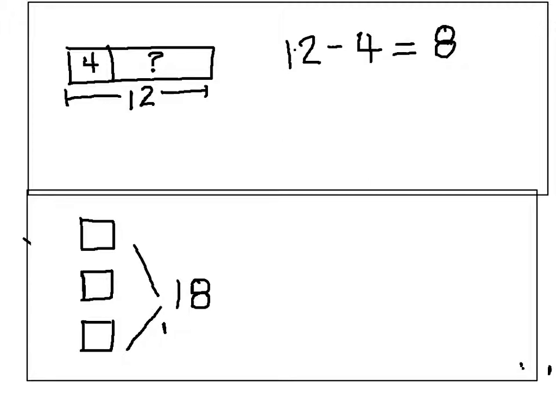Now let's move down to the second drawing and see if you can figure out what math sentence would allow you to find out what is inside of each box. Each box is of equal value, representing an equal amount.